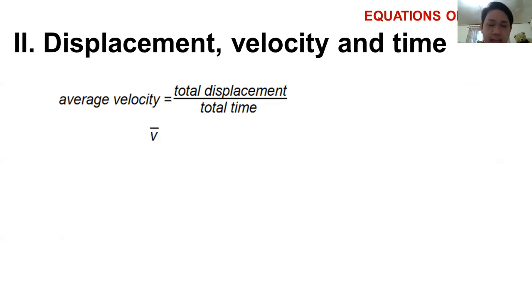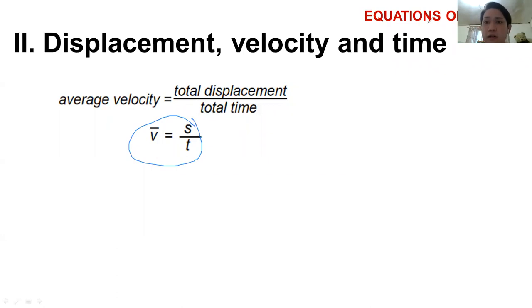Average velocity can be denoted in that symbol, and the total displacement is represented by S over total time, which is T. So we can have this formula for our average velocity.